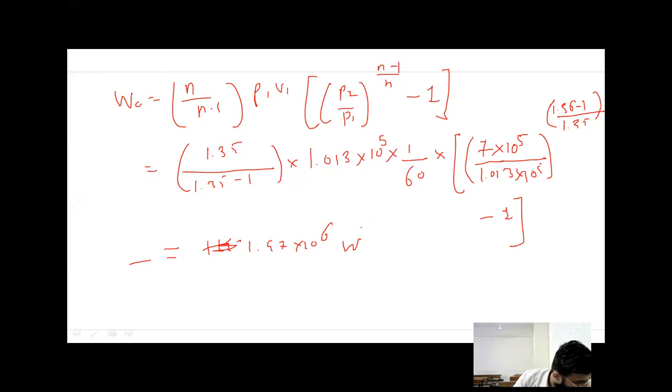Your answer is different. What is the answer? Sudhir, how much? In one stroke you can calculate.